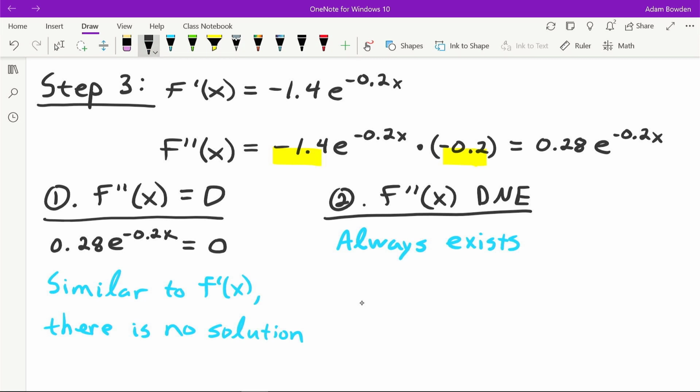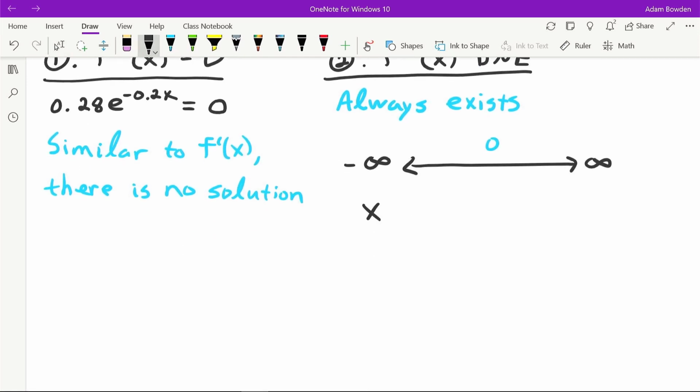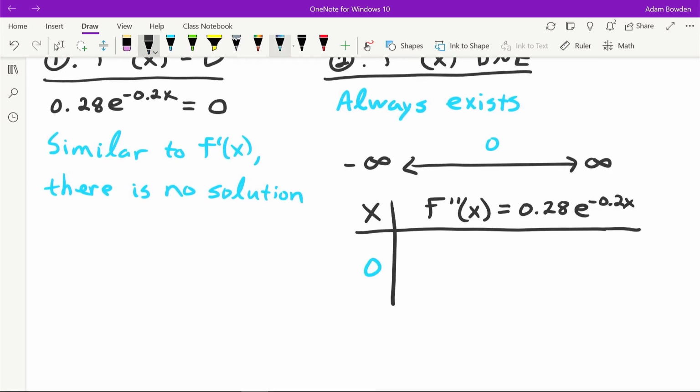No critical numbers. Let's just pick out any random number, plug it into the second derivative, and see if we have it increasing or decreasing. So I just chose 0 as an example of a test number, and plug that into the second derivative. When I plugged in 0 here, I made it look like 0.28 e raised to the negative 0.2 times 0.